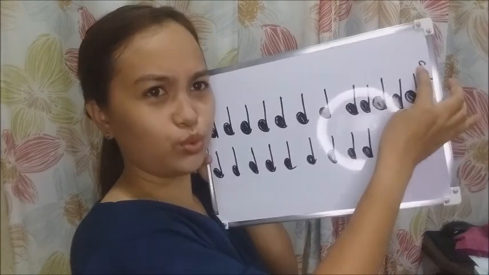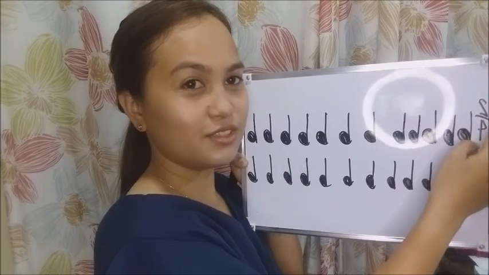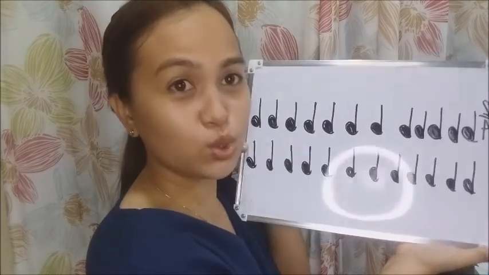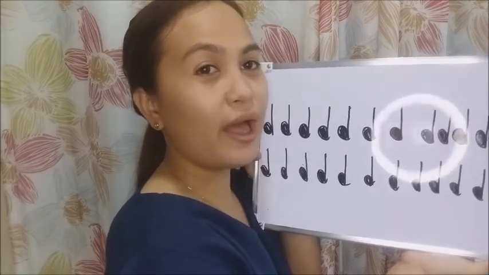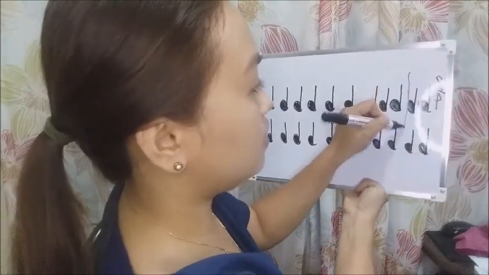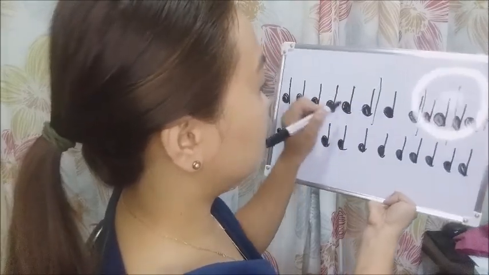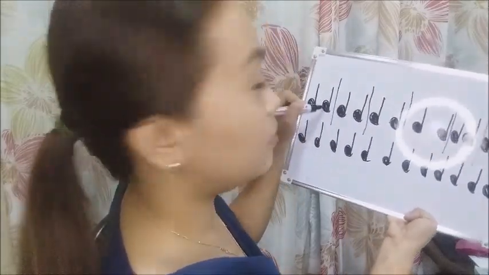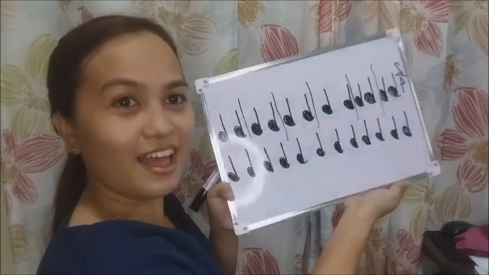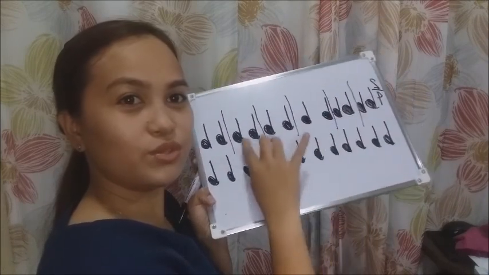Since it is duple, let's count 1, 2, 1, 2, and after 2, we will make the measure or the bar line. Okay, done. 2/4. 1, 2, 1, 2, 1, 2.